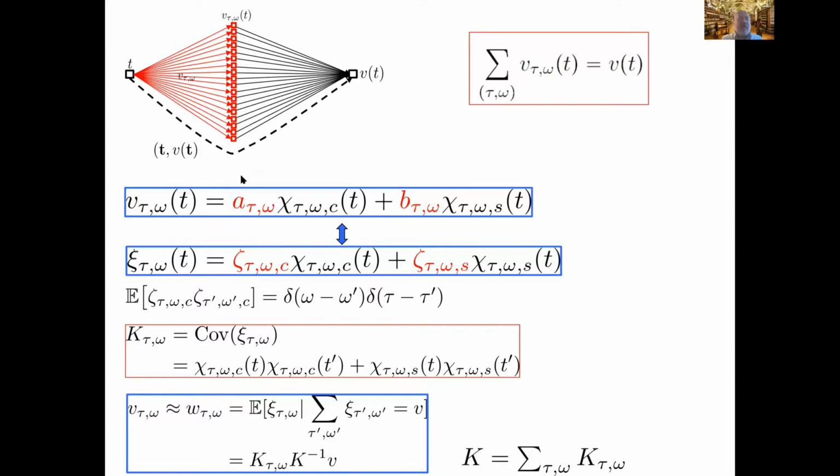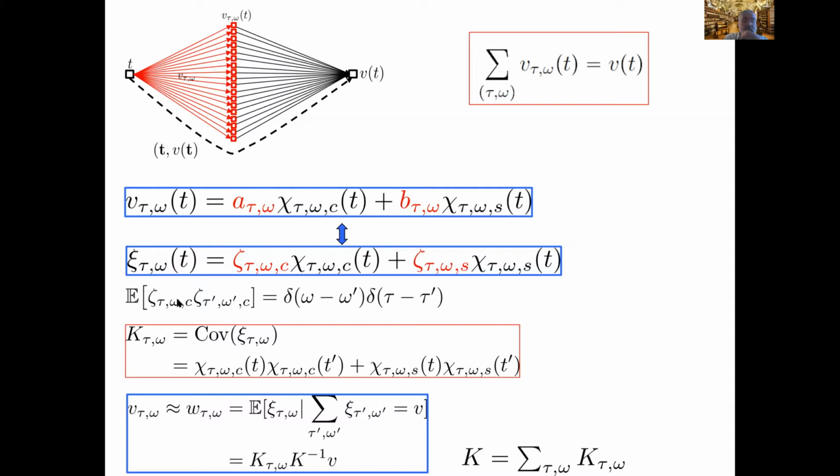Now, to complete the graph, we identify the kernel of each fine mode by replacing the unknown coefficients in front of the Gabor wavelets by white noise and by computing the covariance of the resulting GP ξ indexed by time and frequency, which serves as a randomized surrogate for our fine modes indexed by the same tau and omega.